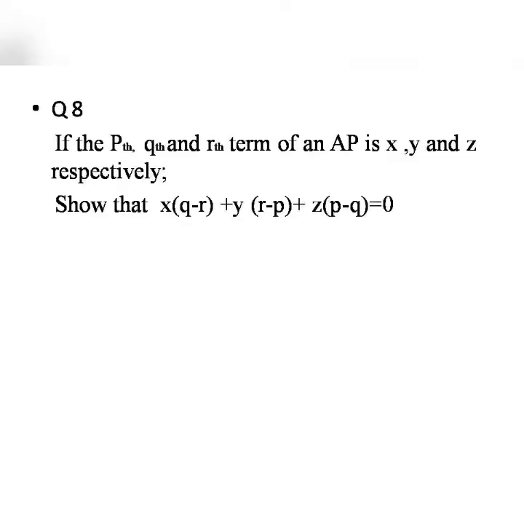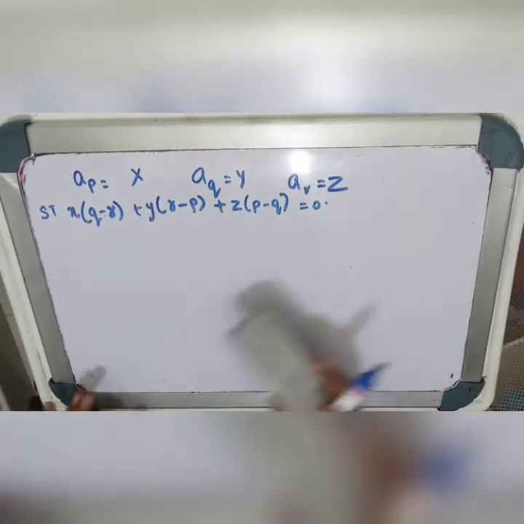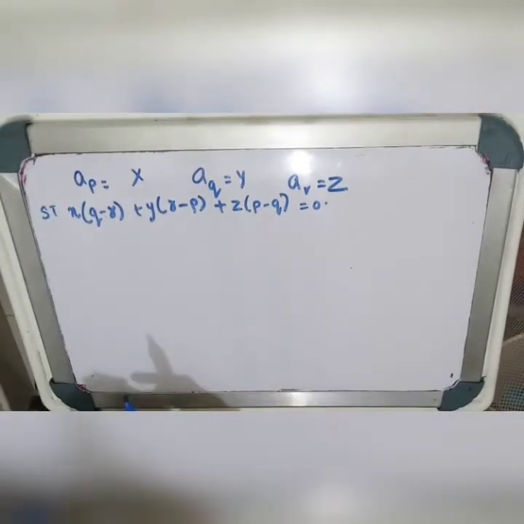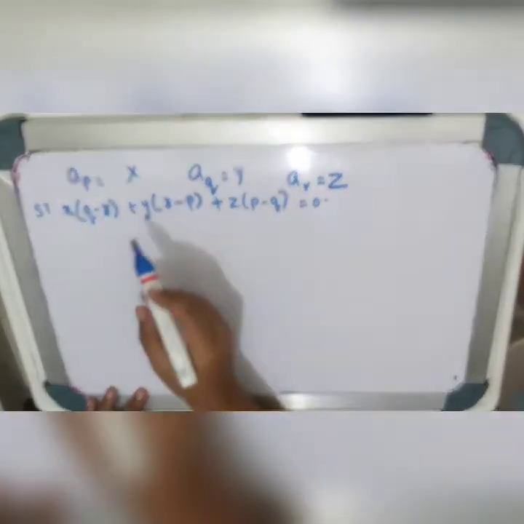Next question. If the pth, qth and rth term of an AP is x, y and z respectively, show that x into q minus r plus y into r minus p plus z into p minus q is 0. We are given that the pth element is x.